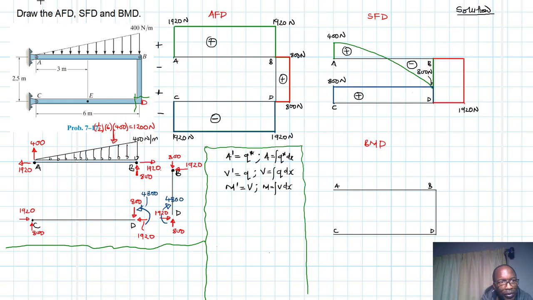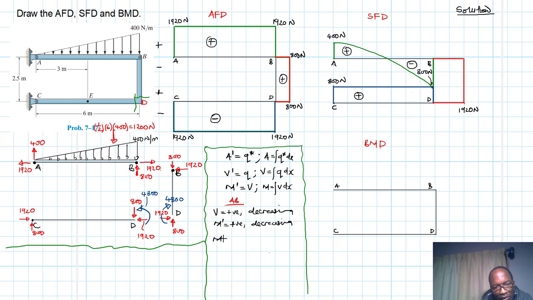We are from A to B. Our shear V is positive and is decreasing, therefore M prime will also be positive and decreasing.